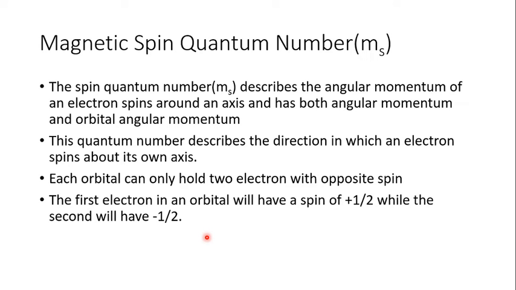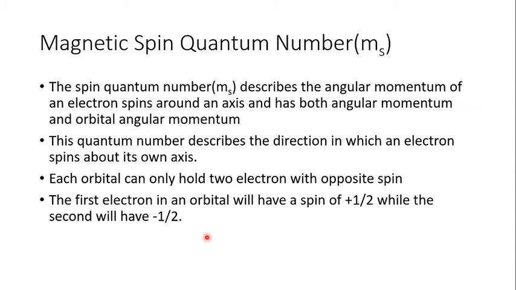Each orbital can only hold two electrons with opposite spin. This is the most important thing, that the two electrons in one orbital have opposite spin. If they don't, they cannot be present in the same orbital. Is it okay?